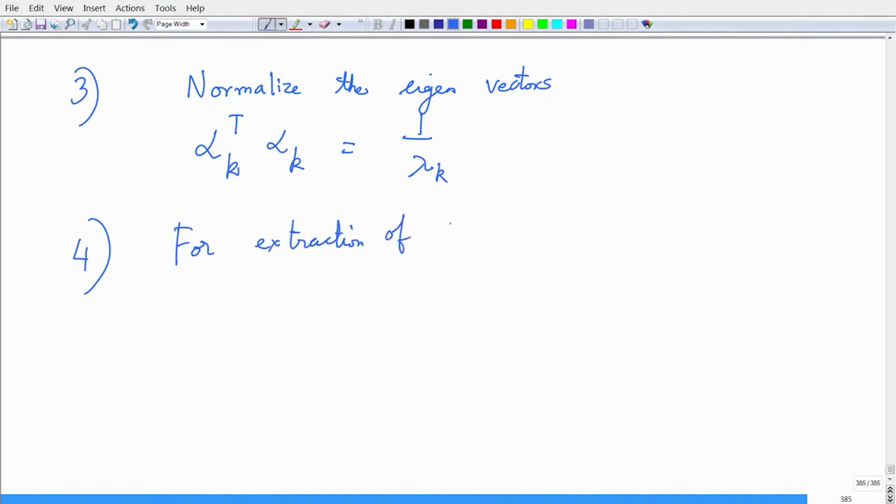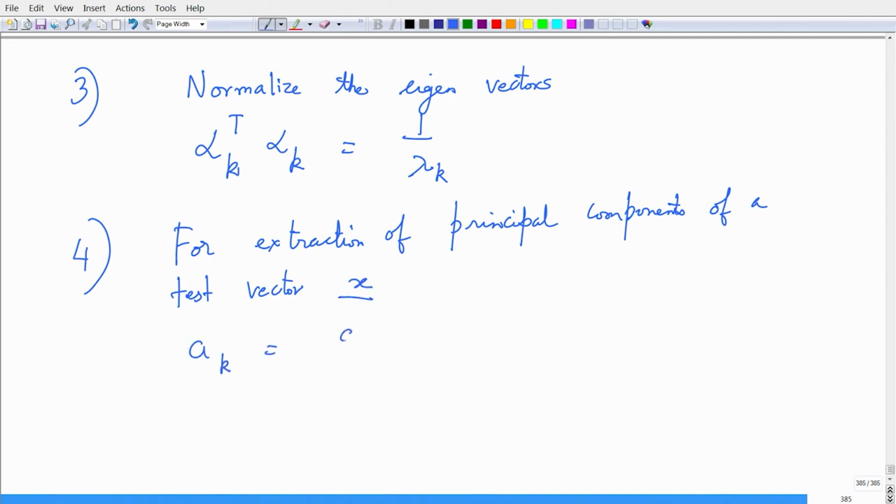For extraction of the principal components of a test vector x, basically you need to take the projections of phi of x with respect to the eigenvectors, right.